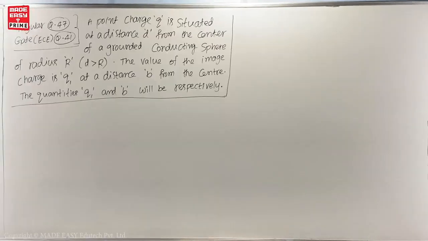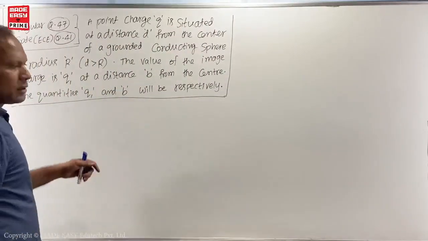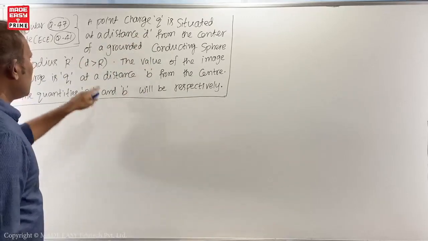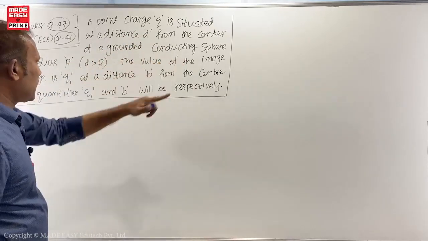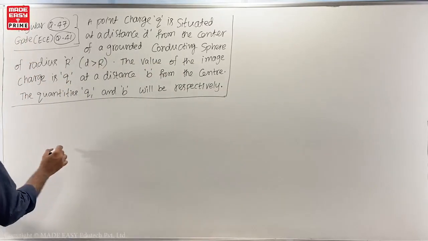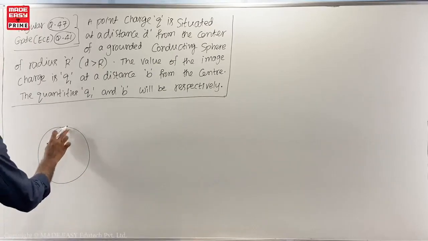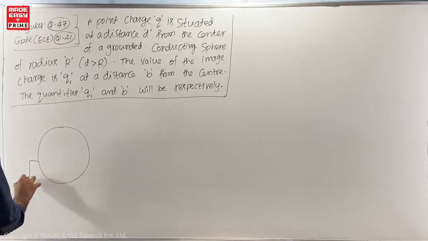Okay. Now, one more image theory question. So this is the question. A point charge q is situated at a distance d from the center of a grounded conducting sphere of radius r. So I am drawing the diagram here. For example, this is a sphere I will take. It is a grounded conducting sphere, which means it is grounded here.